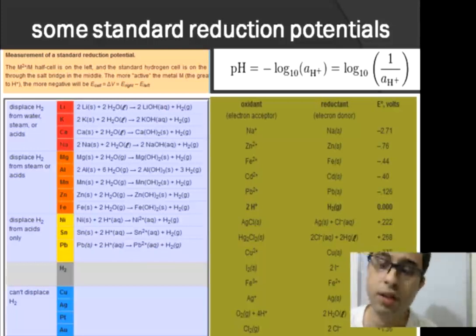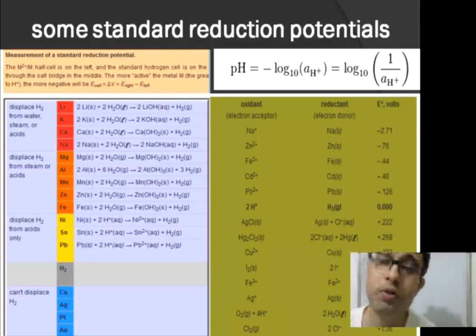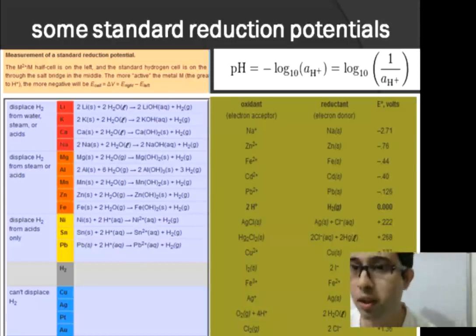So hydrogen is our reference. Sodium, zinc, iron, cadmium, lead, they are all able to displace hydrogen from any solution containing hydrogen, whether water or acid. So these are strongly reducing agents.